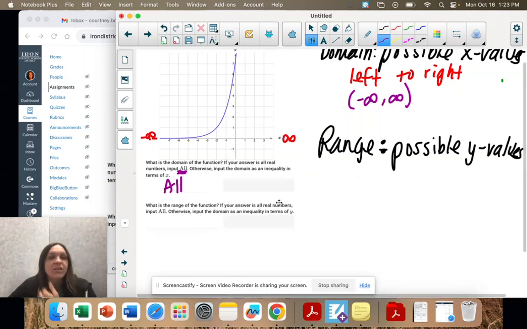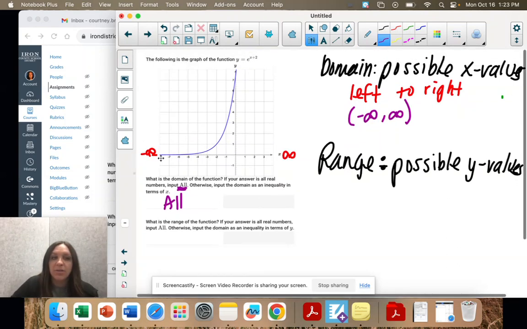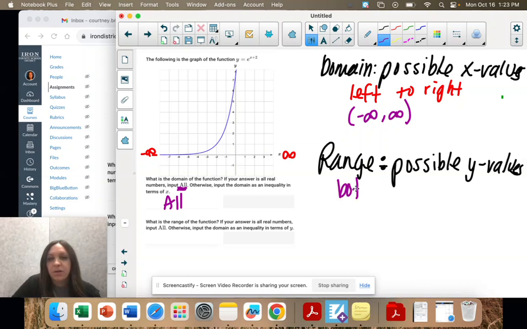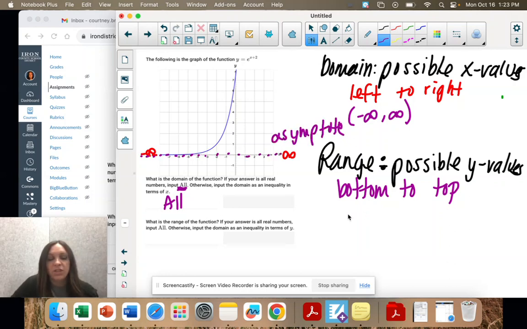And then the range is the y-axis. So we're looking at the bottom of the graph. And when we have an exponential function, it's just like our rationals. We have an asymptote right here, which is at y equals 0.